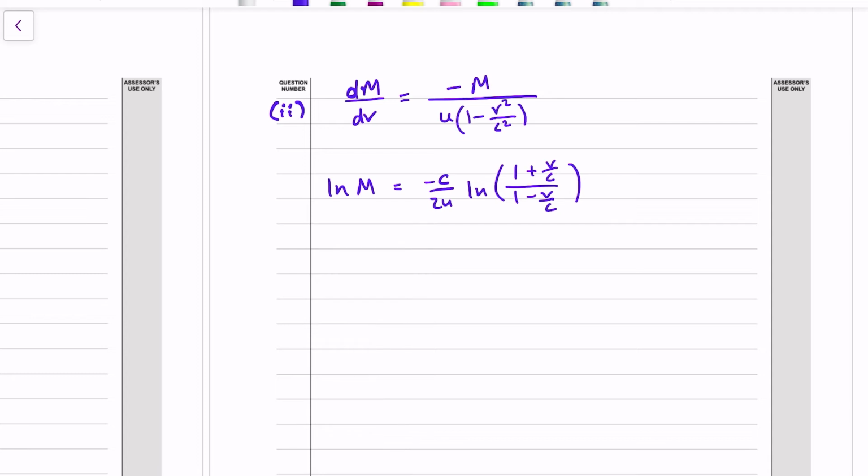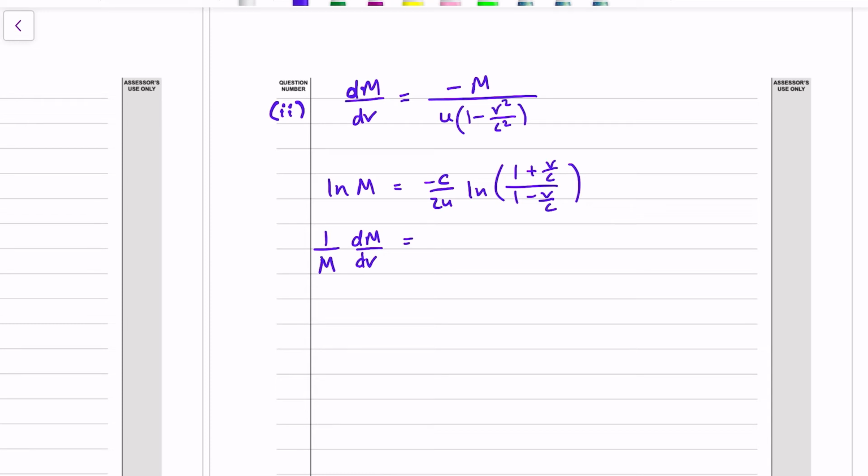So I need to differentiate, or I need to find dm/dv. So if I differentiate this expression, I get 1 over m times dm/dv. It's implicit differentiation. Log of stuff is 1 over stuff times the stuff differentiated.